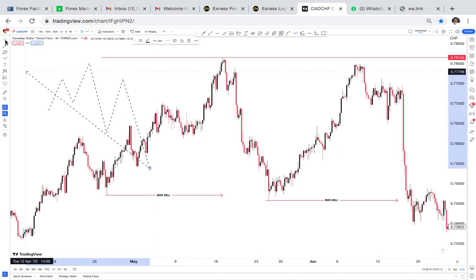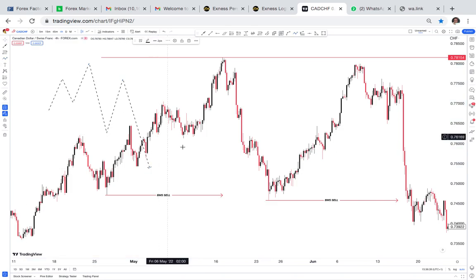Just a little explanation. This is an uptrend we are coming from. This is BMS for an uptrend, right? But price now broke the low where we are supposed to look for demand.